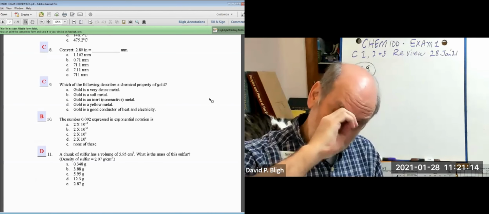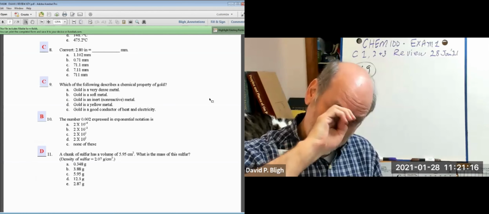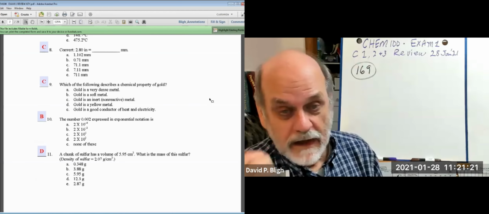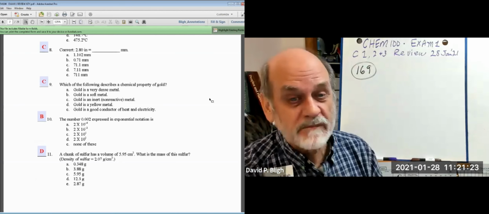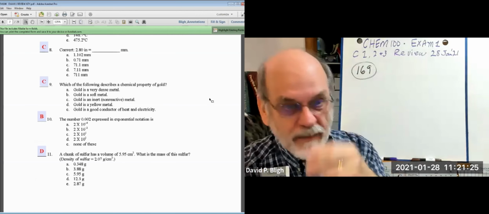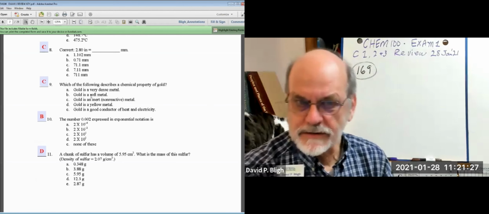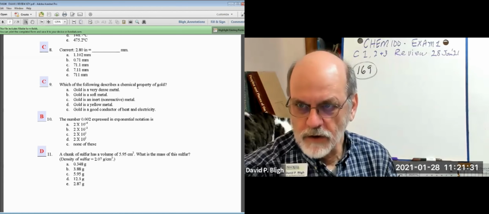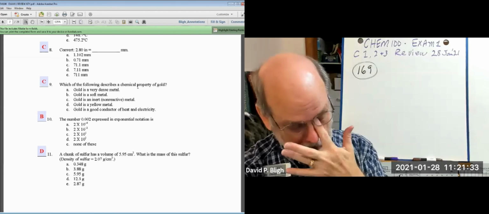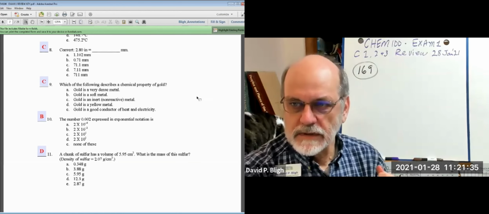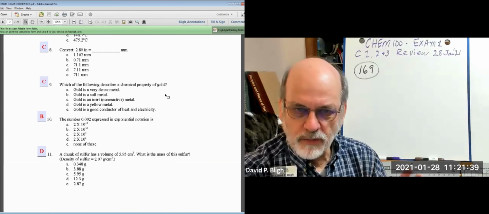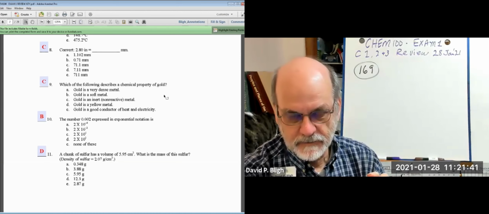Here we need to differentiate among these different statements which describes a chemical property of gold. Remember in the lecture, I tried to differentiate between properties and changes.